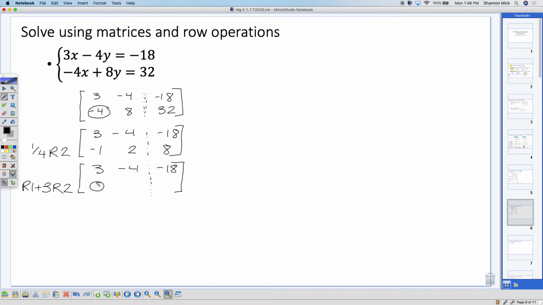Now, 3 and 2 is 6. 6 minus 4, 2. And then 24 minus 18 is positive 6.